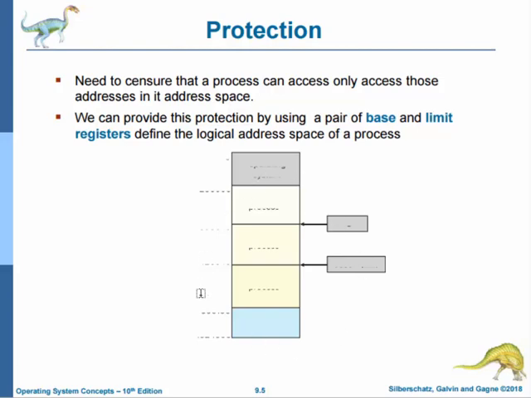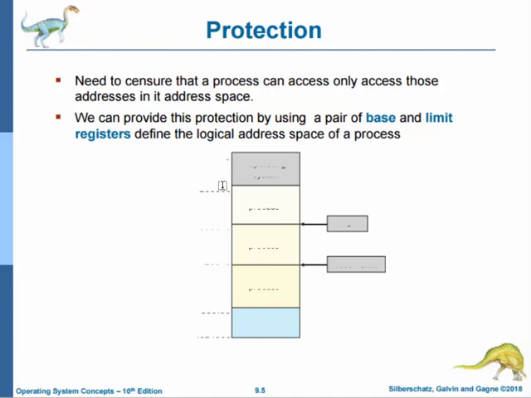In the illustration, although the letters are not clear here, we have a base and a limit register which defines a logical address space. For example, in this memory we have the operating system here, and these are the different processes.